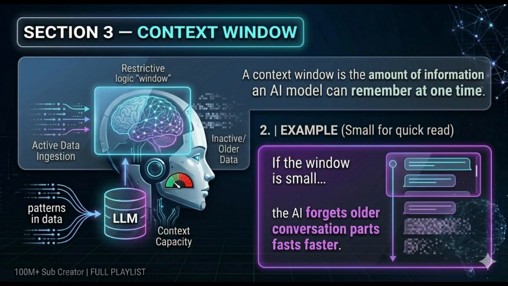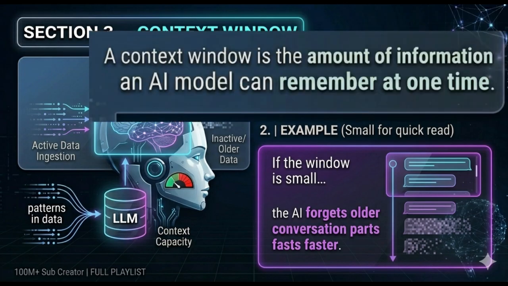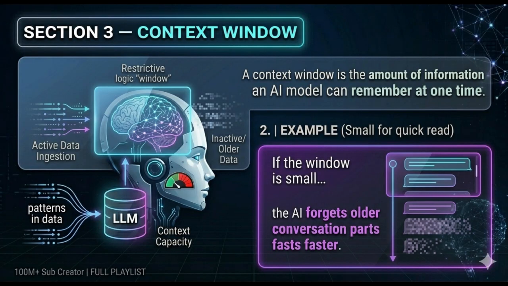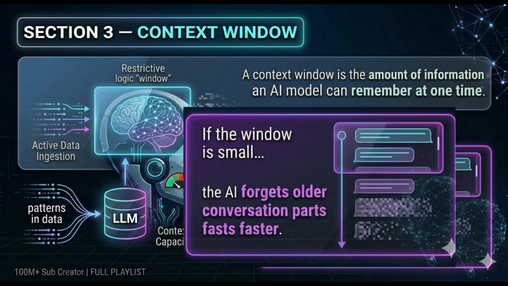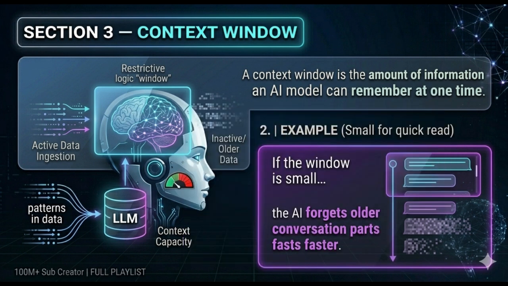Now let's understand the context window. A context window is the amount of information an AI model can remember at one time. Let's see one example. If the context window is small, the AI forgets older conversation parts faster. Here is a demo. Imagine talking to an AI for 3 hours.